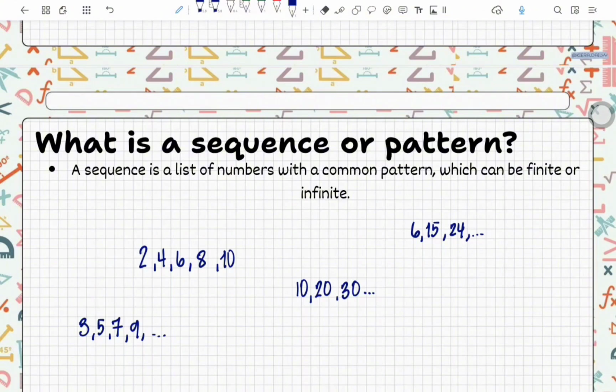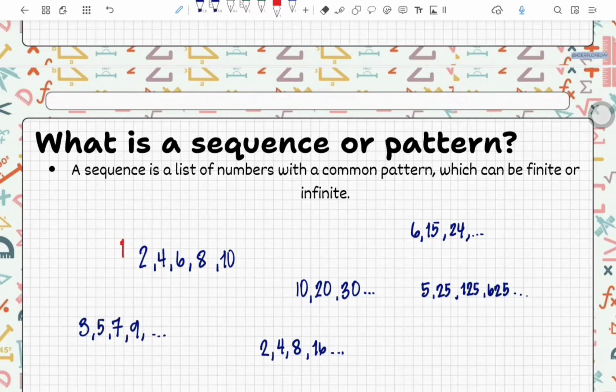But we also have patterns like 2, 4, 8, 16, and more. We also have 5, 25, 125, 625. So there is a pattern that we can see from the following examples.